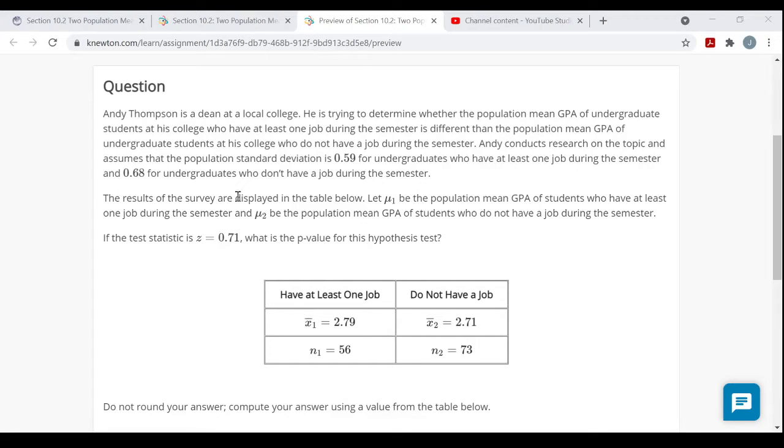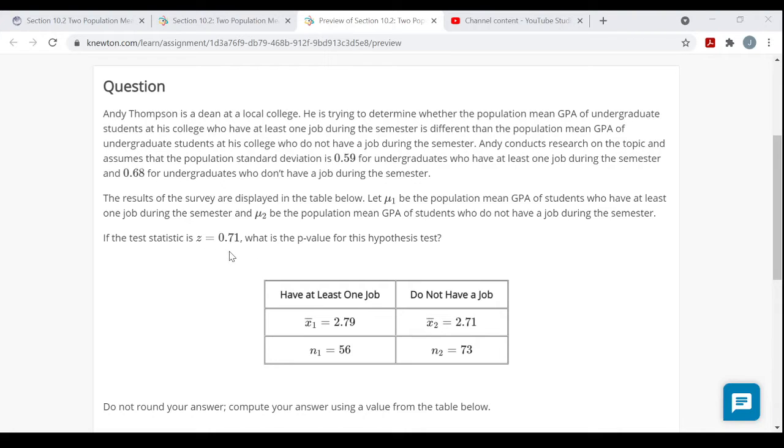The results of the survey are displayed in the table below. We're going to let mu1 be the population mean GPA of students who have at least one job during the semester, and mu2 be the population mean GPA of students who do not have a job during the semester. Now look, they're giving us the test statistic, the z-score for the difference between these independent sample means.